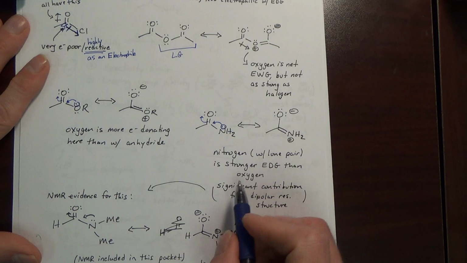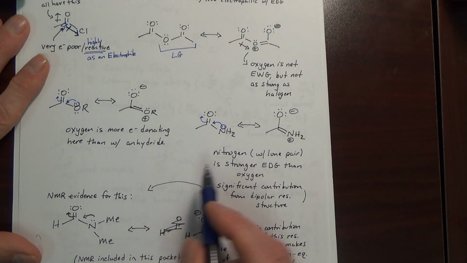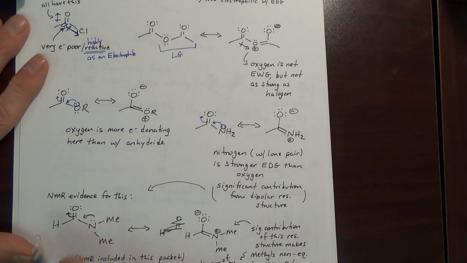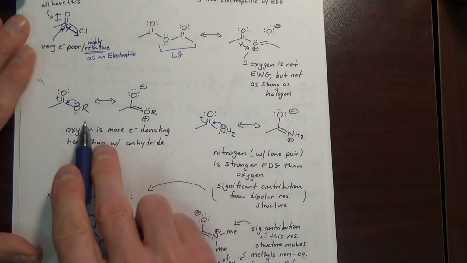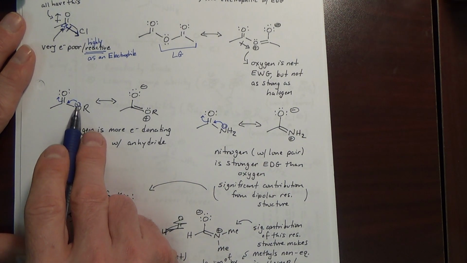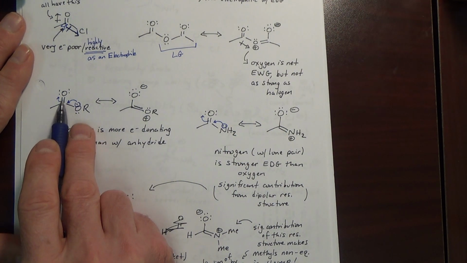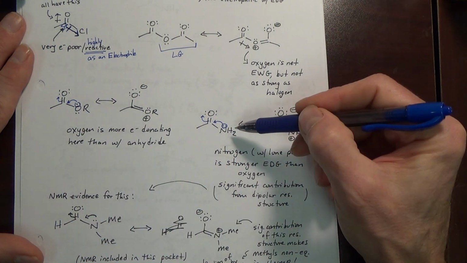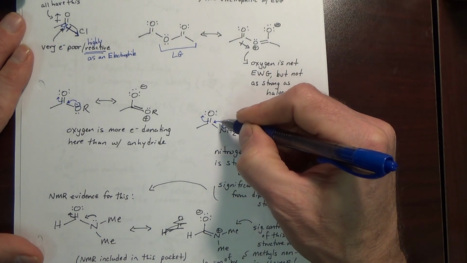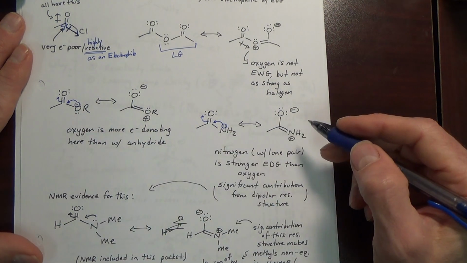Here, the reason nitrogen donates more than the oxygen is because nitrogen is more willing to become positive compared to oxygen. Oxygen is more electronegative. Periodic trend. So it likes to hold on to its electrons more. It's going to be less willing to do this resonance than nitrogen. Nitrogen donates by resonance more than a comparable oxygen.